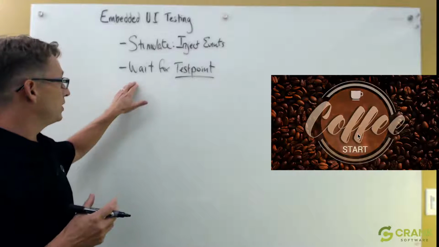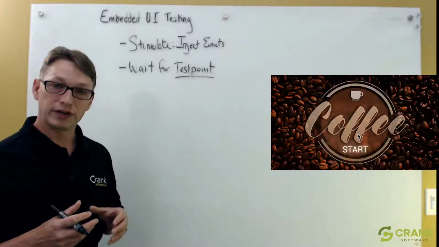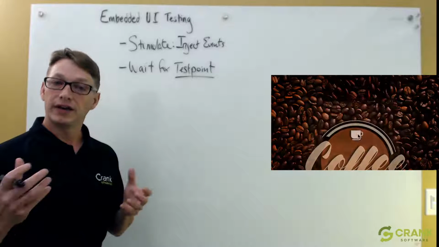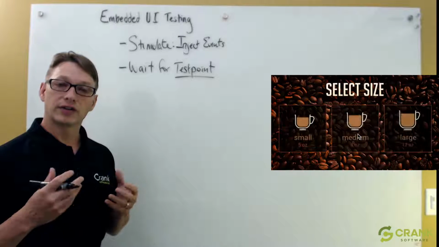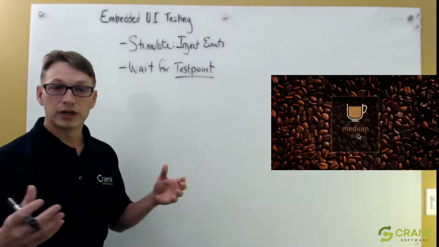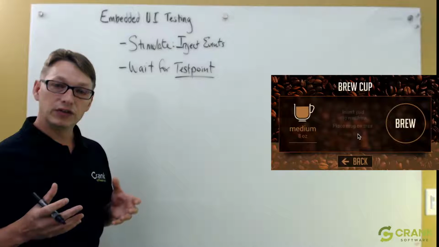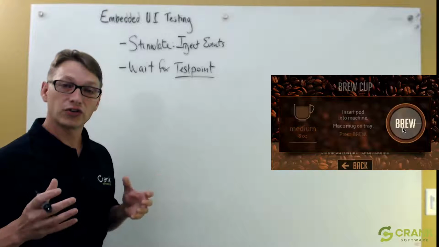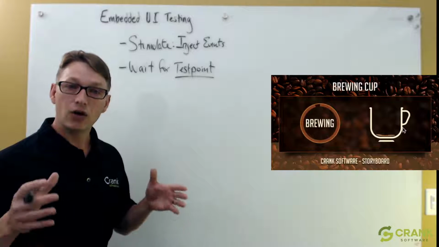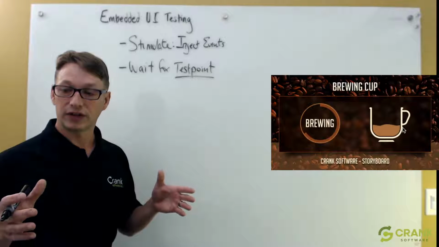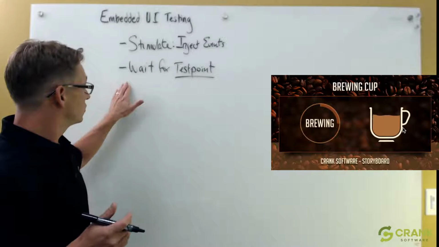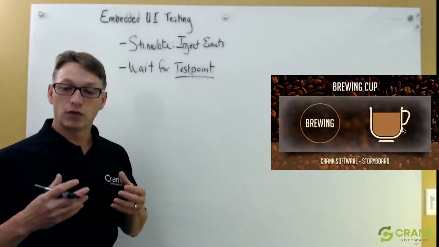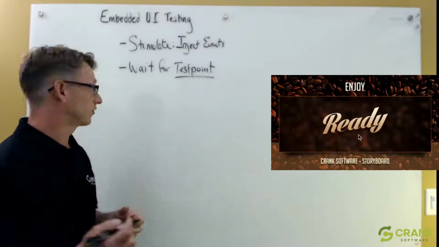So being able to wait for this test point is really important, and it's something you need to rely on your graphics framework, like Storyboard, to give you that go point. When this event occurs or this situation occurs, now we can actually start doing our testing. So assuming that we've got this notion of waiting for a test point, what comes next?